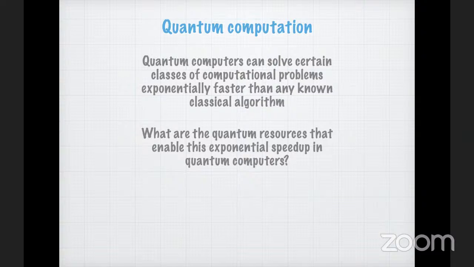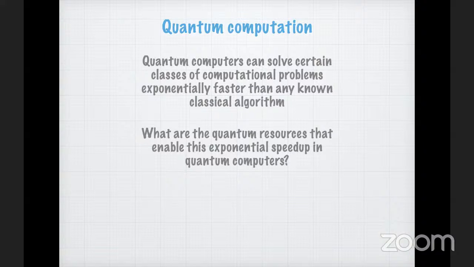And there is a lot of effort around in various directions trying to identify the quantum resources that enable this exponential speed up in quantum computers. And all these explorations of these resources, in a sense, are probing various manifestations of the features of quantum information that allow it to lie across multiple subsystems and not necessarily on one or the other.